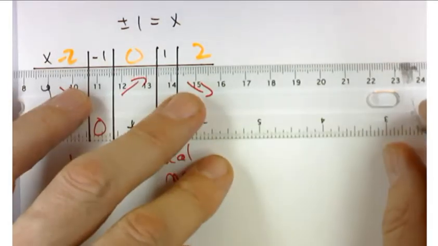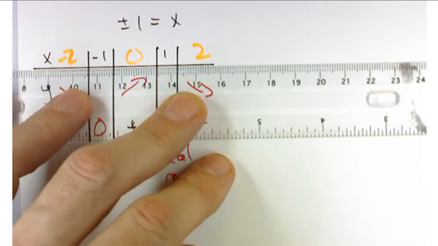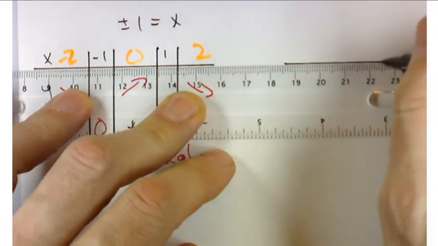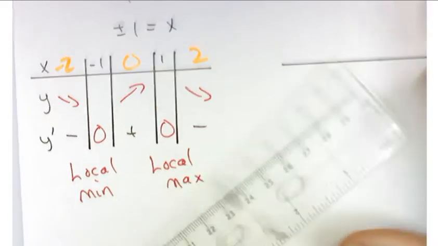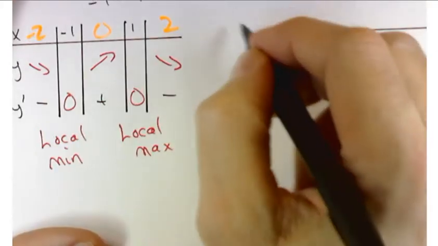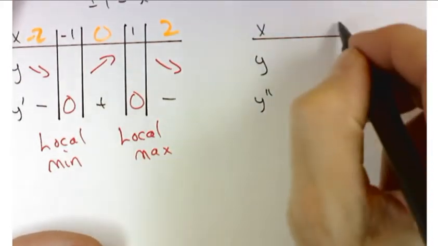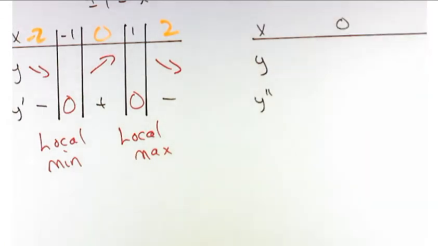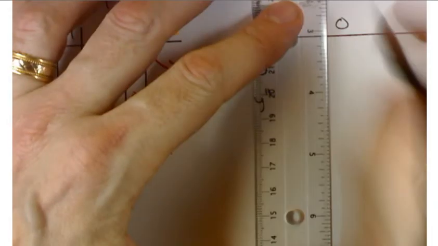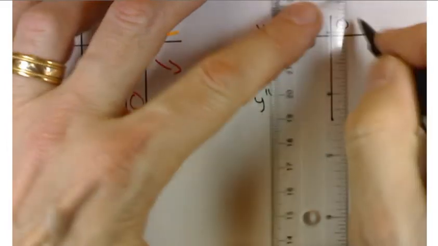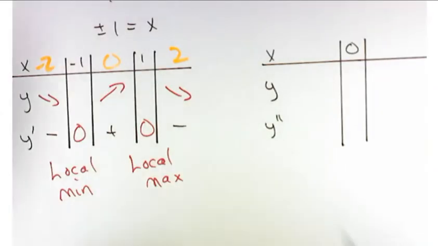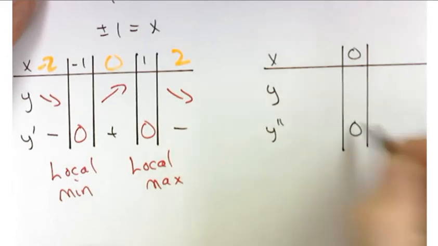The next thing that I want to take care of is the second derivative. Less work for the second derivative, because there's only one point where that can change signs, and that's at x equals 0. At x equals 0, the second derivative is 0.